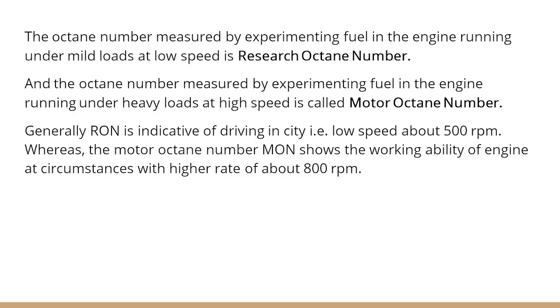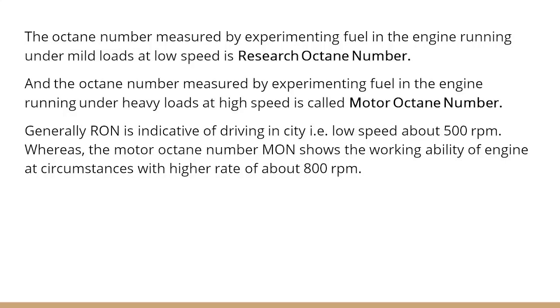First, let's start with Research Octane Number. The octane number measured by experimenting with fuel in an engine running under mild loads at low speed is the Research Octane Number, and the octane number measured by experimenting with fuel in an engine running under heavy loads at high speed is called Motor Octane Number or MON.